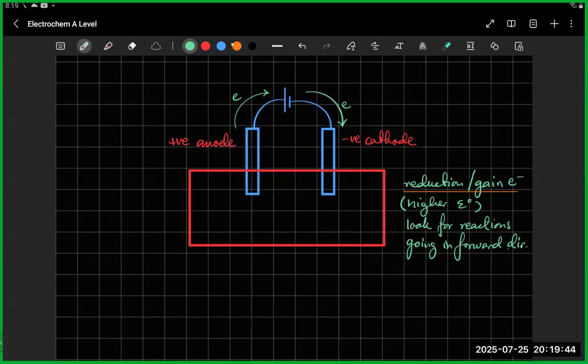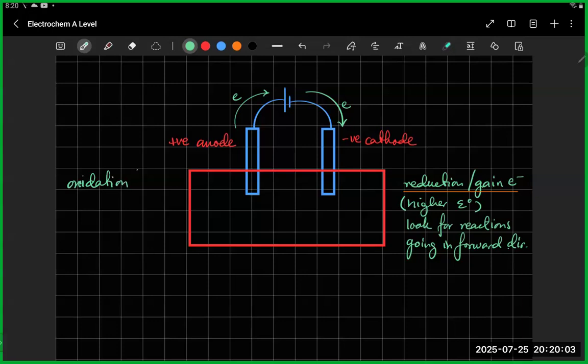And whoever gets attracted to the anode, the battery is going to take away electrons from it. So they don't have a choice. They're always going to lose electrons. So at the anode, only one thing will happen, and that is oxidation.